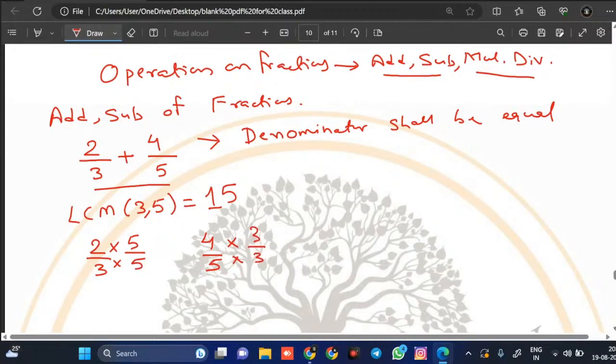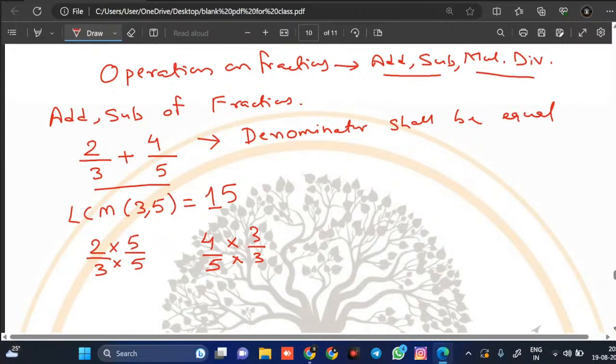This is a very basic logic. To convert 3 into 15 you multiply by 5, and if you multiply the denominator, you also have to multiply the numerator. Similarly, to make 5 into 15, you multiply in the denominator as well as in the numerator.